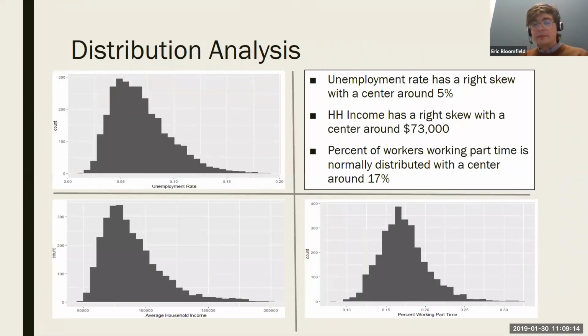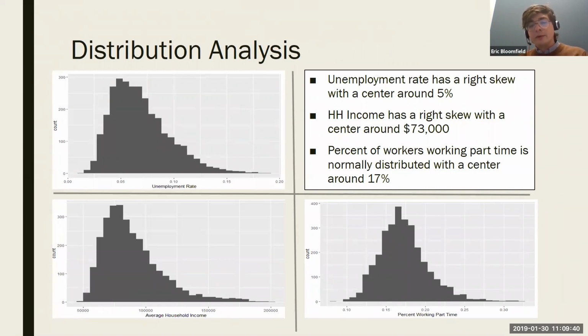So now we'll go into some quick exploratory analysis that I did on my data set, starting with the distribution analysis. I made histograms for different variables that I thought were interesting. So we'll start at the top left with the unemployment rate. We see this has a right skew with a center around 5%. But we see that some counties are experiencing unemployment rates greater than 15%.